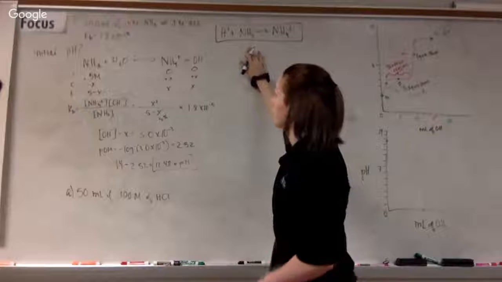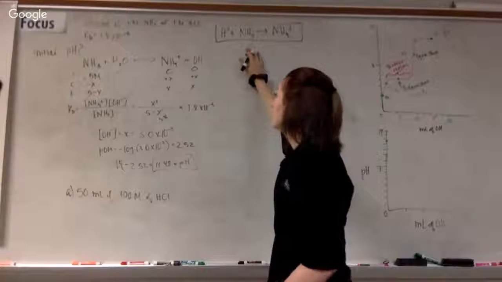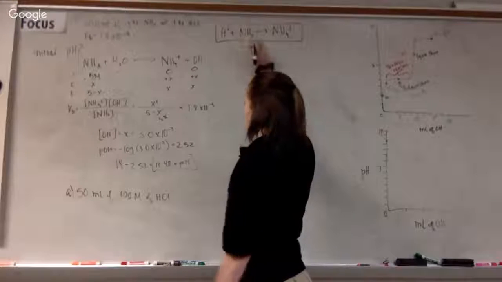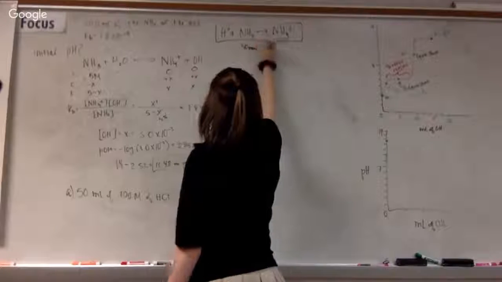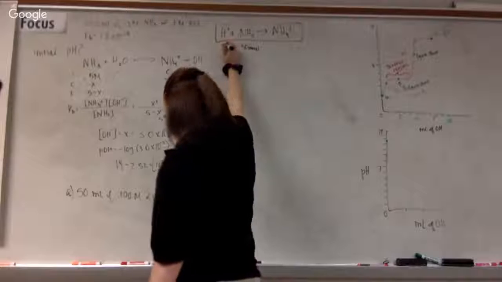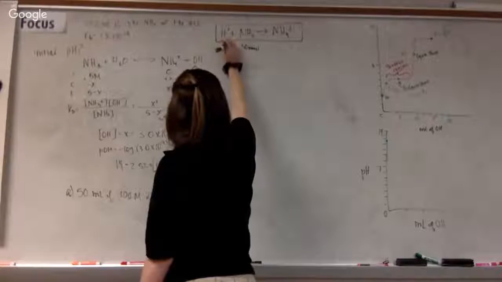Let's start off here. Let's first figure out the millimoles of the NH3. Wouldn't that be 0.5 times 100? Wouldn't that be 50 millimoles? And then I want to add in 5 millimoles. So that would be 50 milliliters of 0.1.